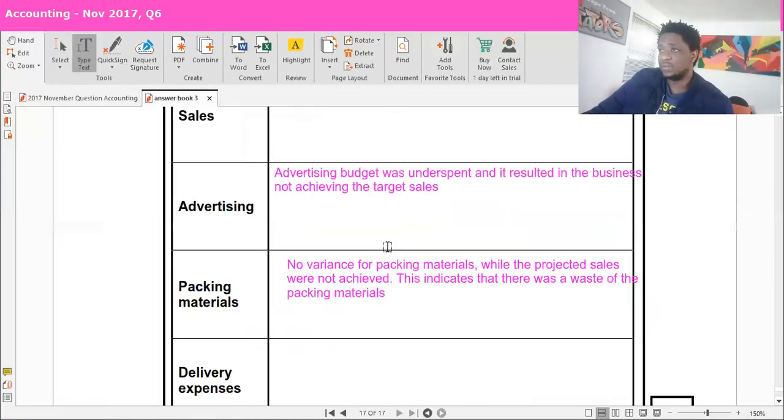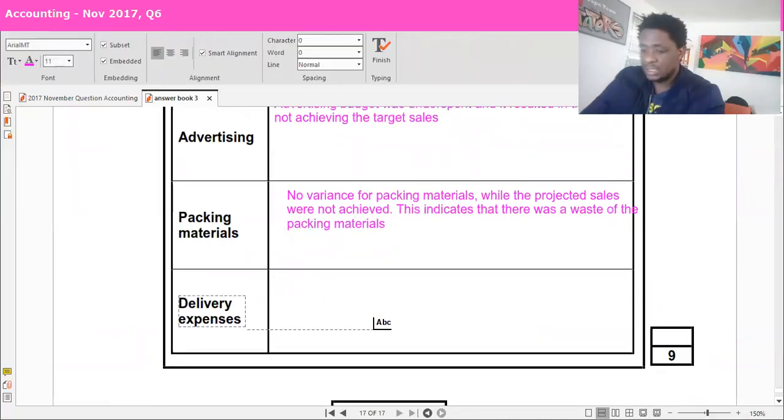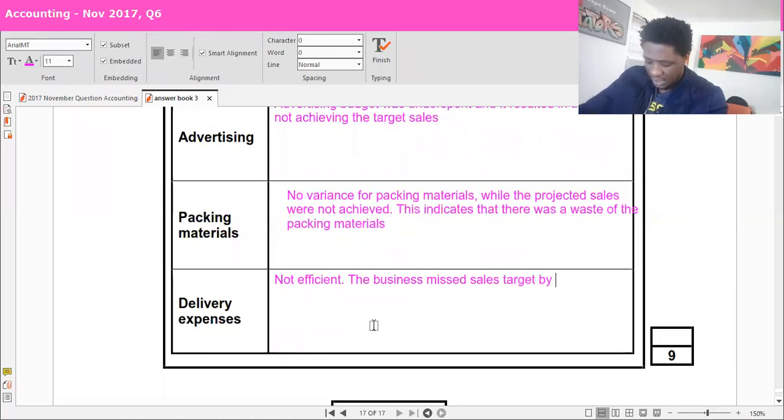So when it comes to delivery expenses, we're going to say that it was not efficient. The business missed the sales target by 9.4%. You can calculate that by taking that 30,000 and dividing by the 220,000 which we actually wanted to achieve.